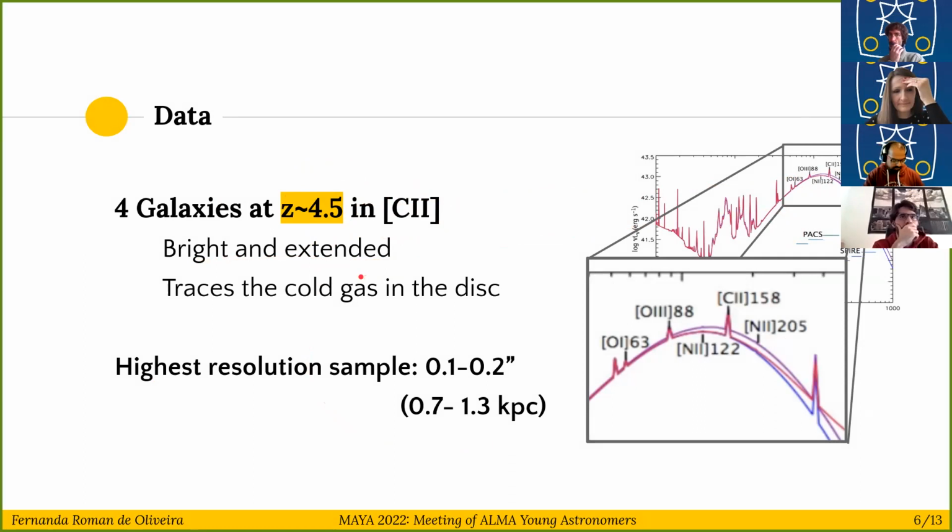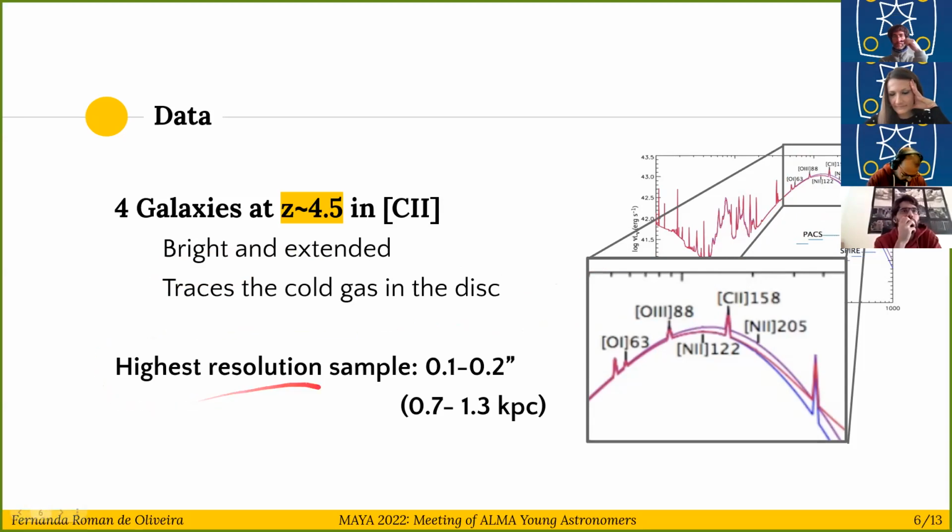And we need it to be extended because we want to probe as large as we can in the rotation curve, so we have more information, and we can also tell how much dark matter we have within a certain radius, right? And this is also a good line because it traces the cold gas, not just molecular gas but atomic gas mainly.